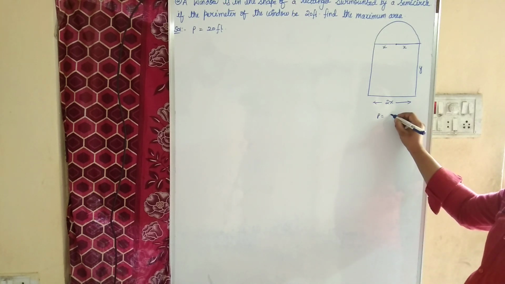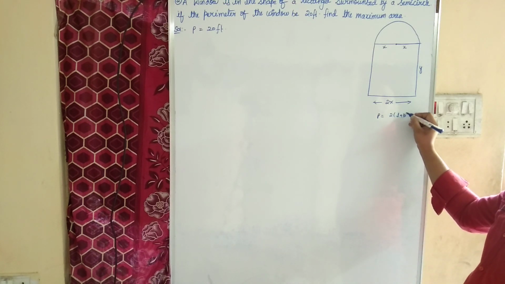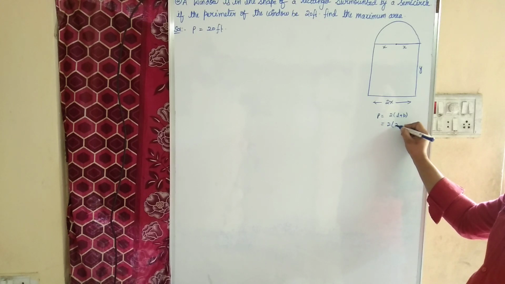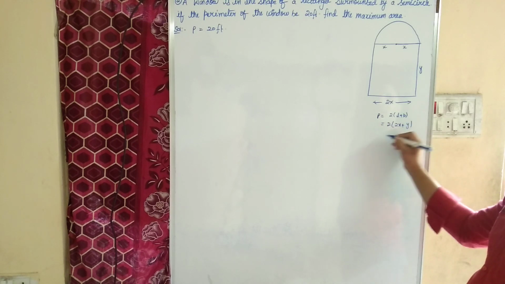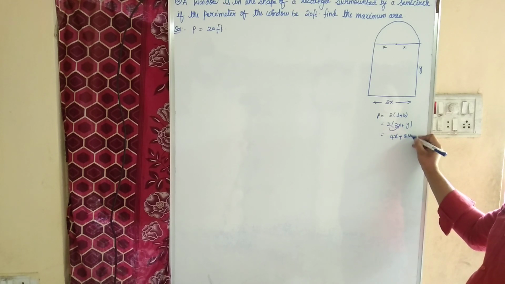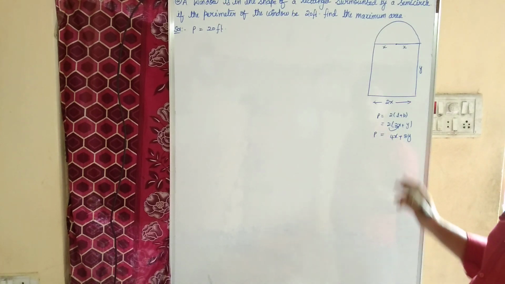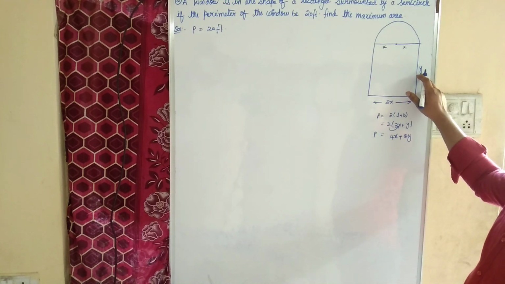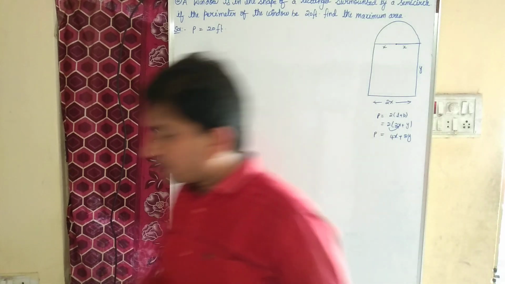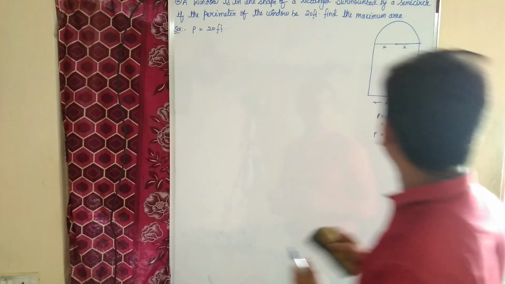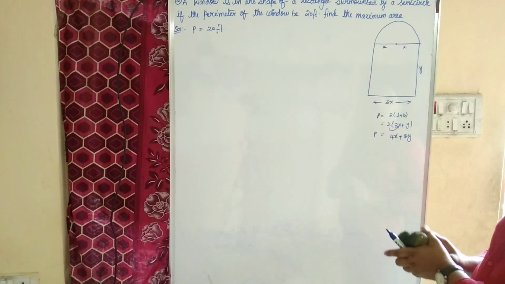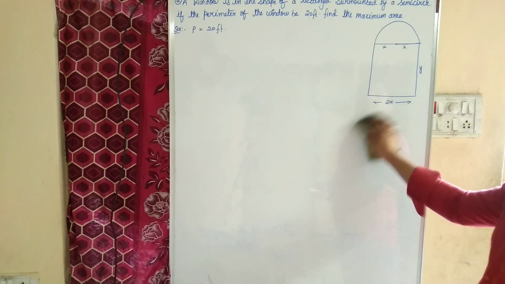Perimeter means 2 into (L plus B). 2 into length 2x plus breadth y. Actually perimeter of rectangle is 2x plus 2y, 2 into (L plus B).